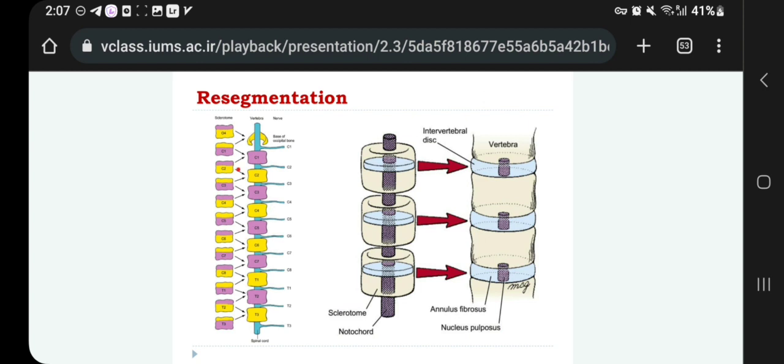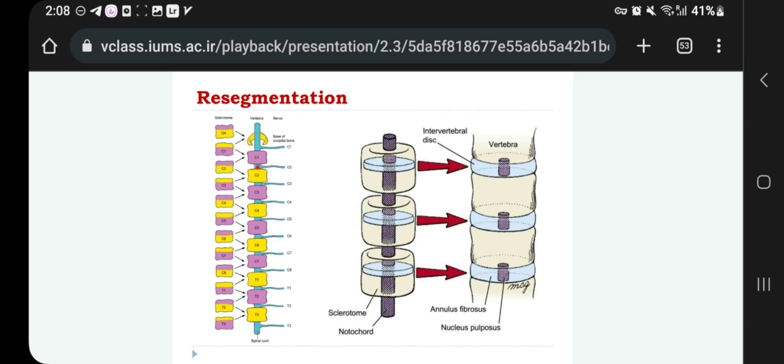Okay, for example, this shape shows you C1 and C2. The C1 was made by the caudal part of C1 and the cranial part of C2. Again, C2 is from the caudal part of C2 and the cranial part of C3.